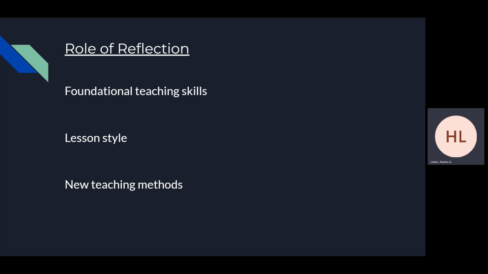Many of my lessons follow the same format, and I tend not to deviate too much from my particular teaching style. This action research project that I did pushed me to try a new teaching method that I haven't really explored before. Now, after seeing the positive results of the study, I am motivated to continue exploring more teaching methods and adding them to my repertoire.